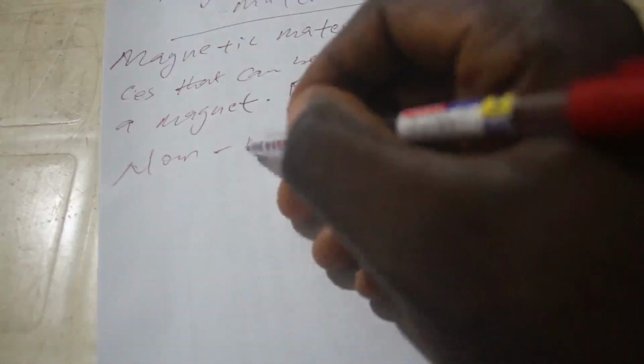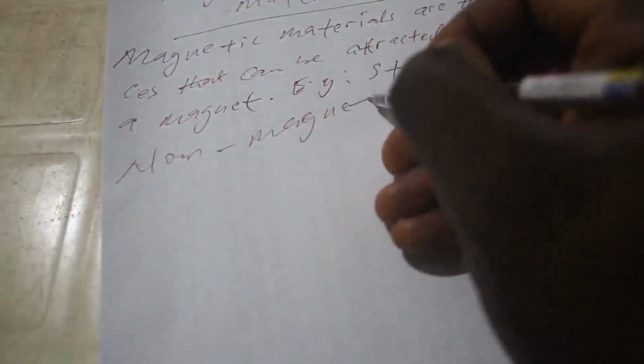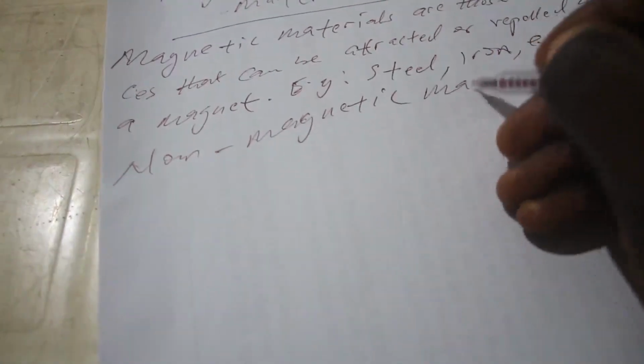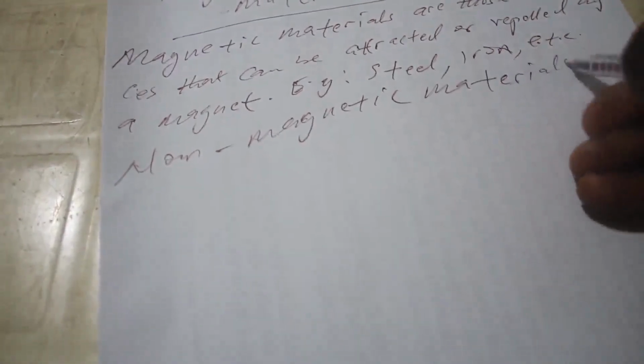So non-magnetic materials are those substances that cannot be attracted or repelled by a magnet.